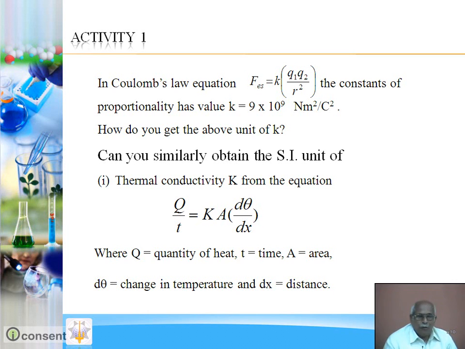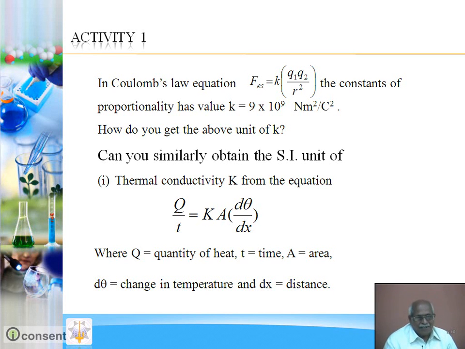Now, you know units of all other quantities except K. Unit of Q is the SI unit, joule. MKS unit or practical unit is calorie, kilocalorie. If you want the SI unit, use joule. Unit of time is of course second, unit of area is meter square, and d theta is change in temperature.